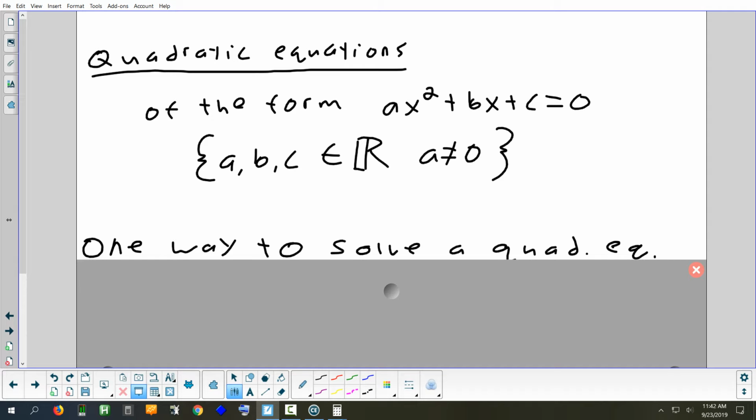So what's one way to solve a quadratic equation? Yep. Graph it. Graphing is a solution you can always use for anything, really. You can graph it and see where it crosses or where it hits the x-axis. What else besides graphing, if you want to do it algebraically? Factoring, sometimes that's an option, if the a, b, and c are nice numbers. What if they're not? What's another option? Yep. Quadratic formula.